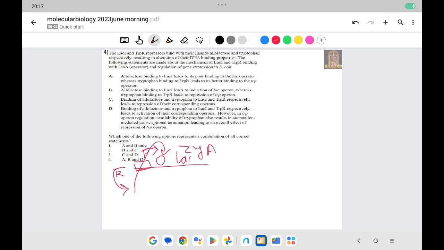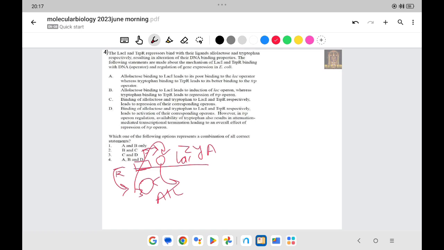But if lactose is available inside the cell, lactose is converted into allolactose. That is the ligand for this lac I, the lac repressor, and then allolactose can go and bind with it, so that it will be removed from here.